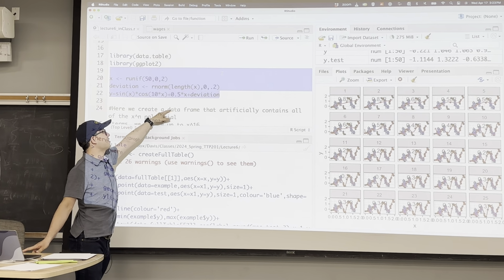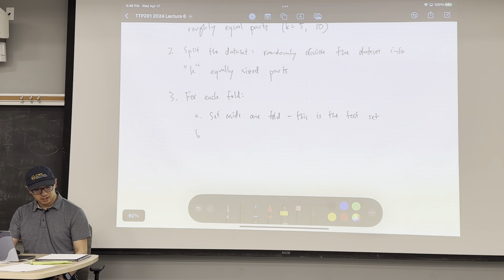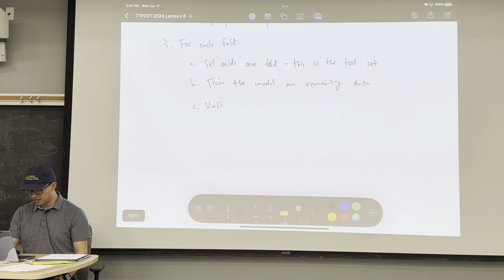This is the test set. Train the model on remaining data. Then validate the model using the test set.